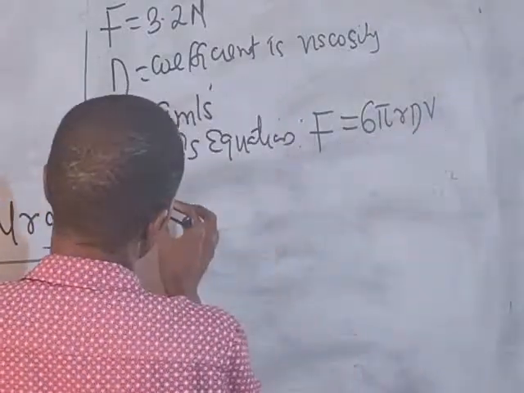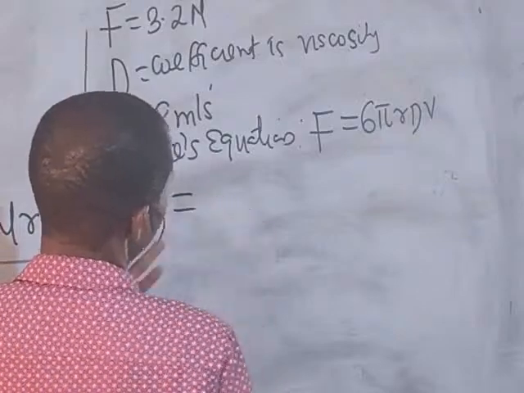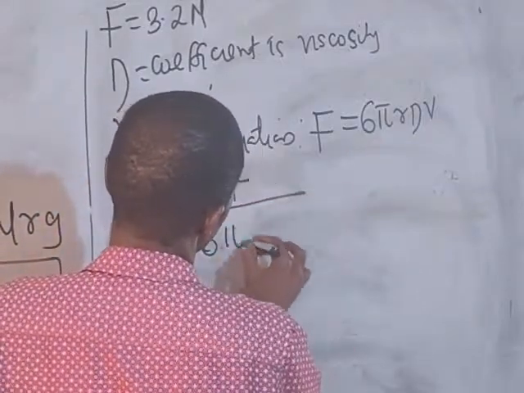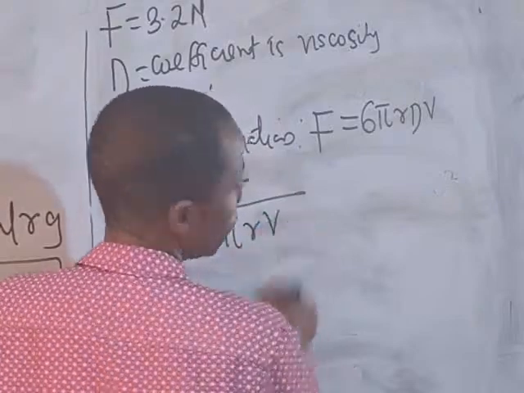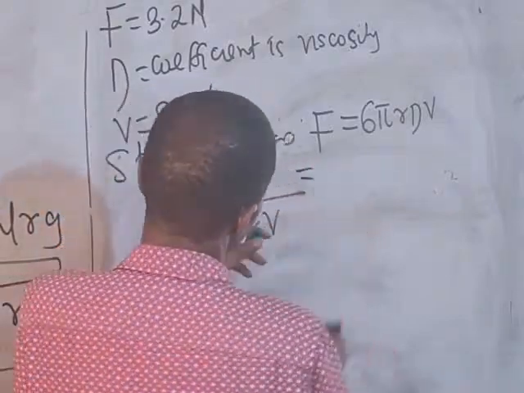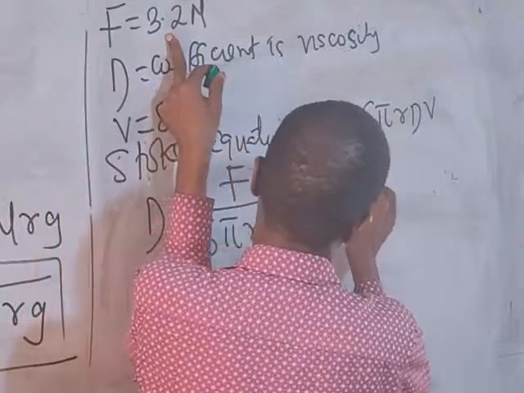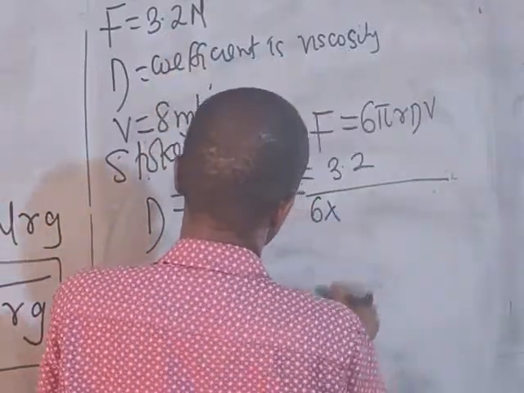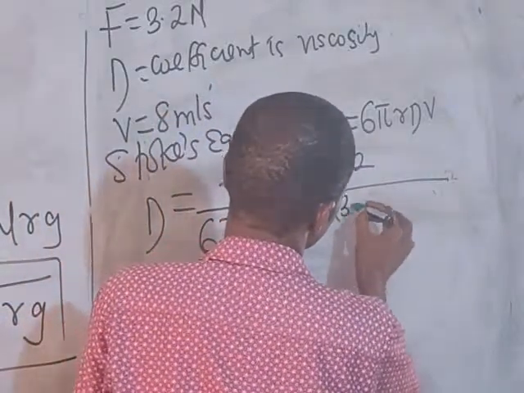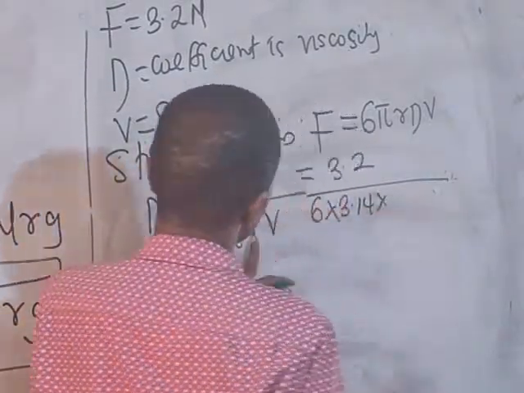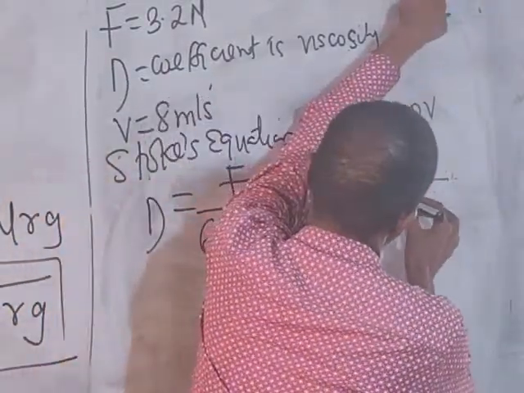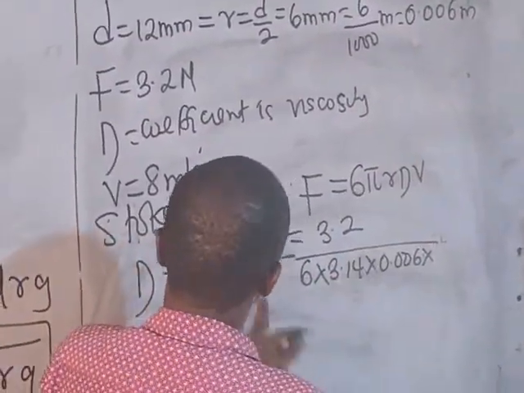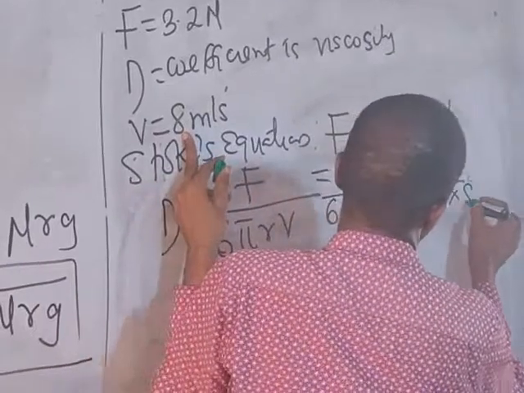So we now say our coefficient of viscosity is equal to F all over 6 pi R V. That's all. Which means F, that's 3.2, all over 6 times pi, to 2 decimal places 3.14, times R, the radius, 0.006, times V, the terminal velocity, that is 8.